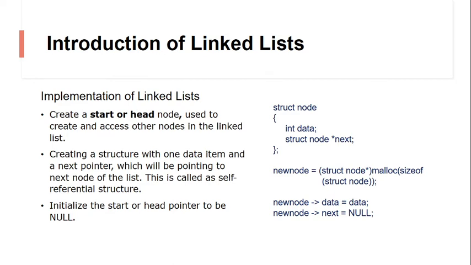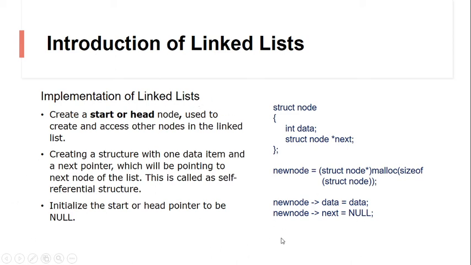Create a start or head node used to access other nodes in the linked list. So from here we have int data, as in the C code we saw a while ago, and the new node equals struct node malloc sizeof struct node, and the new node's data is equal to the data in the received address, and then the next node will be null, so that will be the last node of the list, okay.